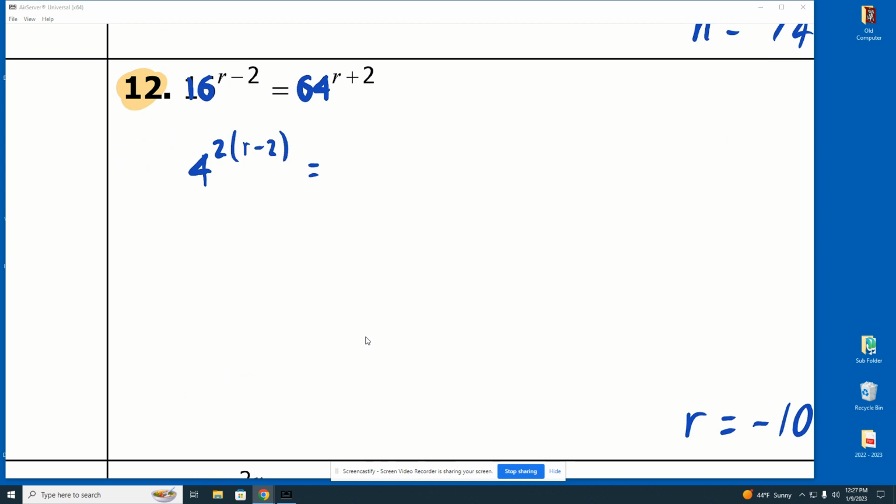There it is. 4 to the third power gives me the 64 that I needed. And that r plus 2 has to stay put. We created both sides to have a base of 4. Why? So we could drop the bases. Now, in this particular problem, was that all you could have done?